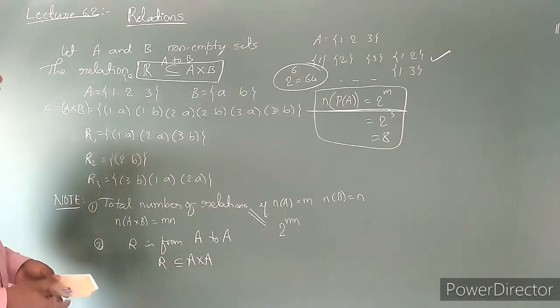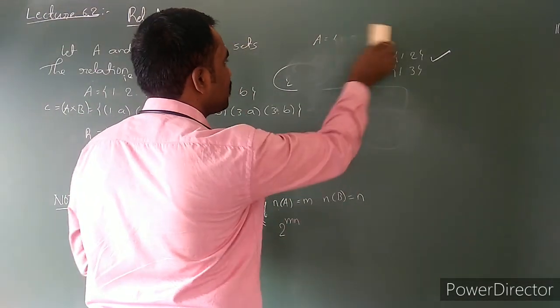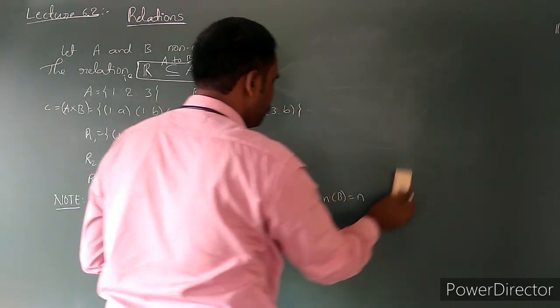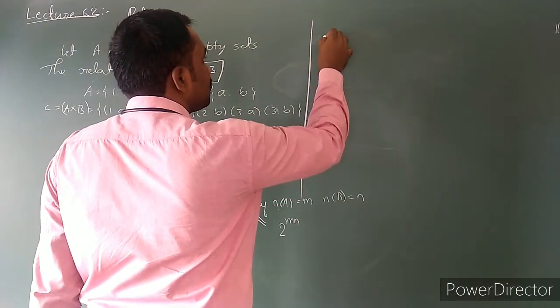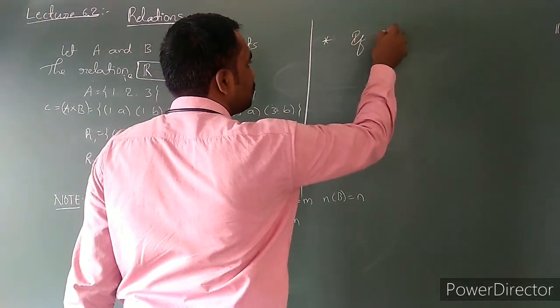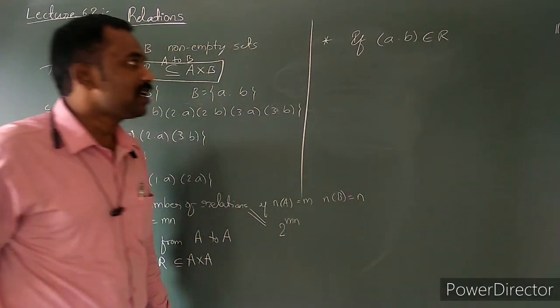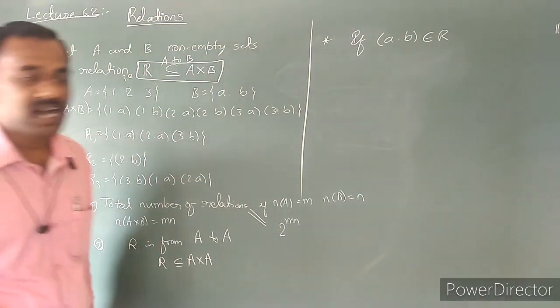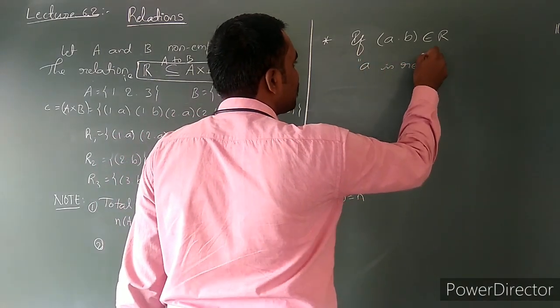Okay. Next thing is, the number of relations you have already seen. Next point is, suppose if (a, b) belongs to the relation R, then we can say that a is related to b.